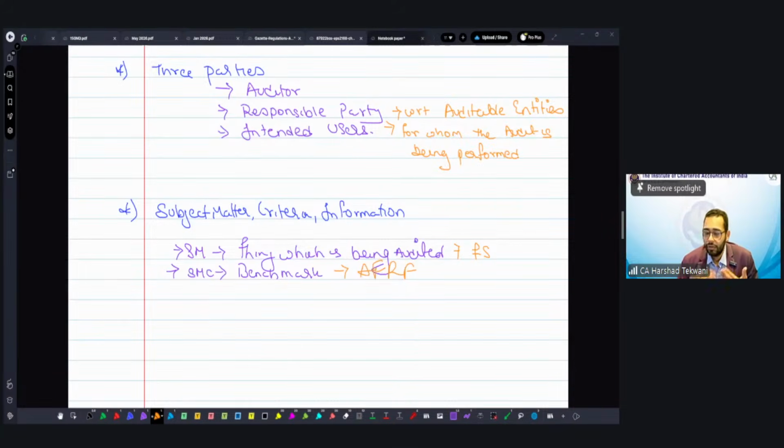Books of accounts are also required to be maintained on the basis of Ind AS or accounting standards, which are part of your accounting framework. So the accounting framework and the financial reporting framework is the criteria or the benchmark that you will use to measure the financial statements. Then only you will be able to say what the outcome of it is.